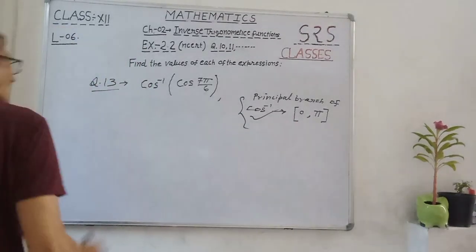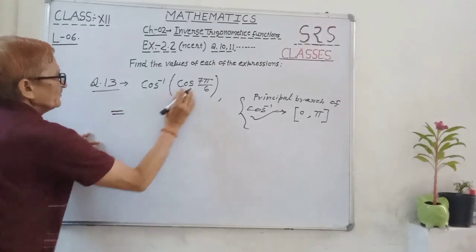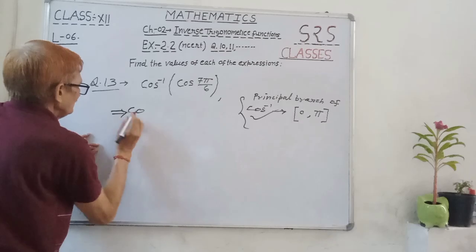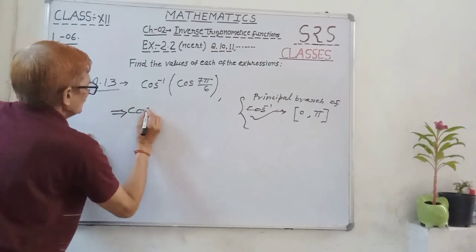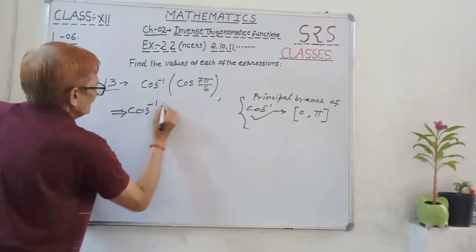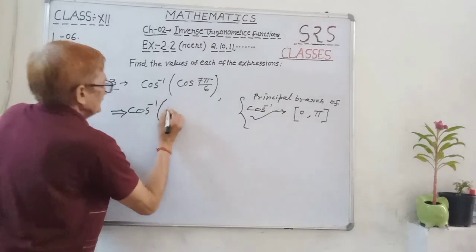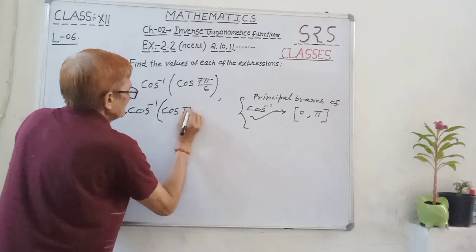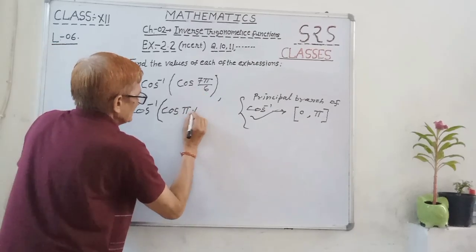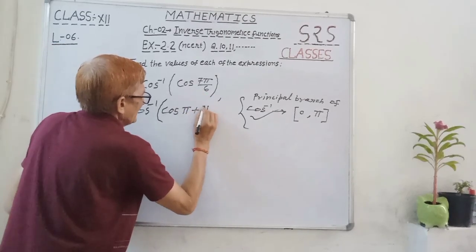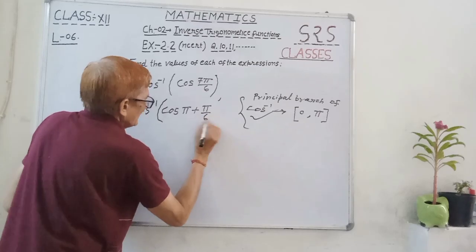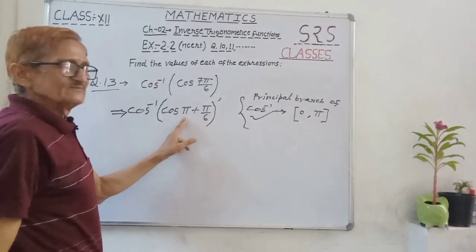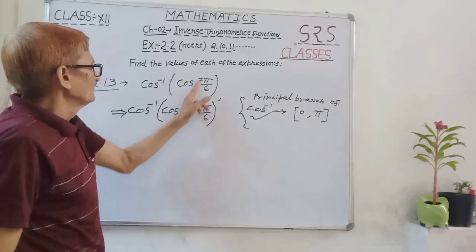So we have to simplify this. Break this 7 pi by 6: cos inverse of cos of pi plus pi by 6, because taking the LCM, 6 pi plus pi is 7 pi by 6.